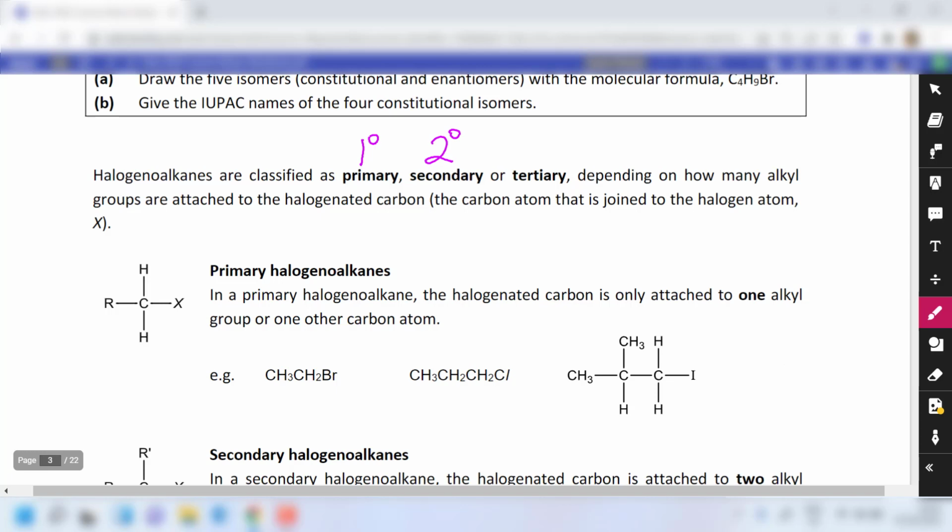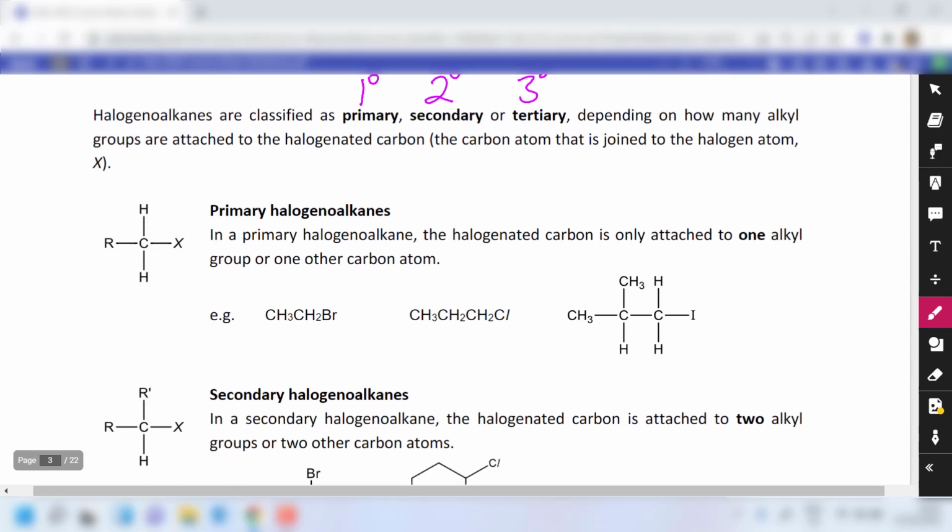Tertiary can be denoted by 3 degree. But please take note that you're not supposed, I repeat, you're not supposed to pronounce it as 1 degree, 2 degree, or 3 degree. It should be pronounced as primary, secondary, and tertiary respectively. Yeah, so I don't want to hear any one of you saying it's 1 degree, blah, blah, blah. Okay, so that will be incorrect.